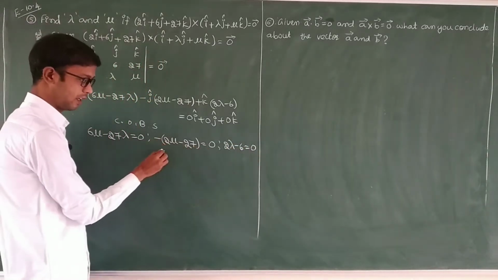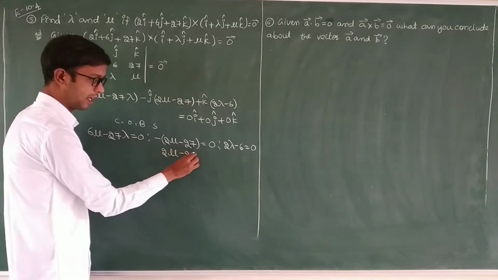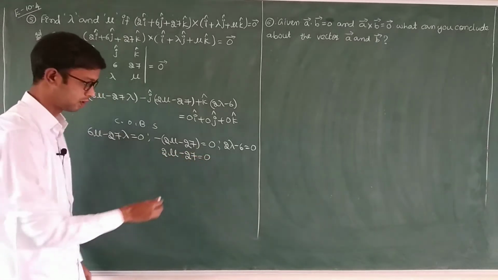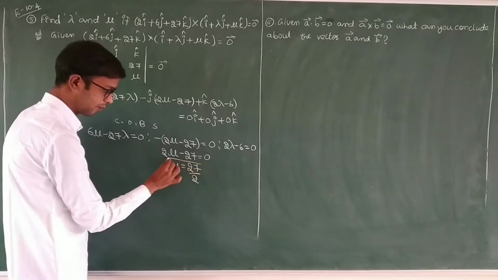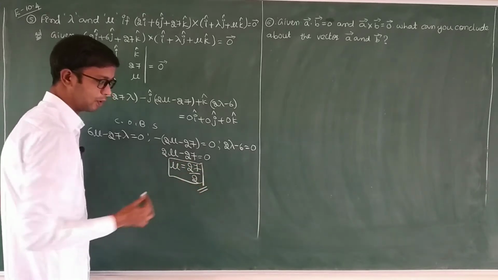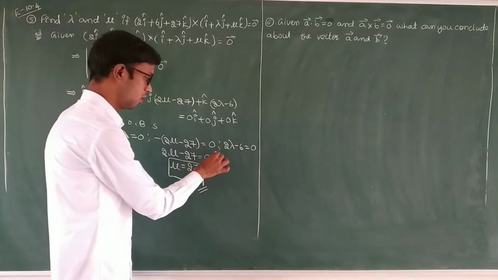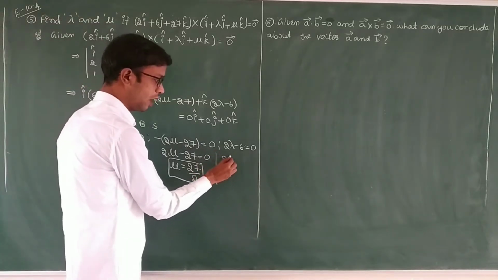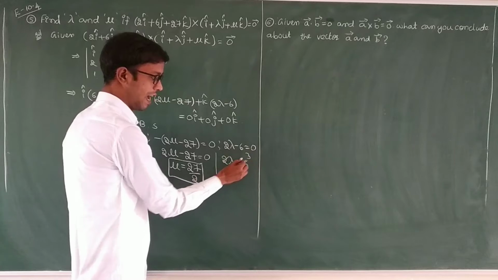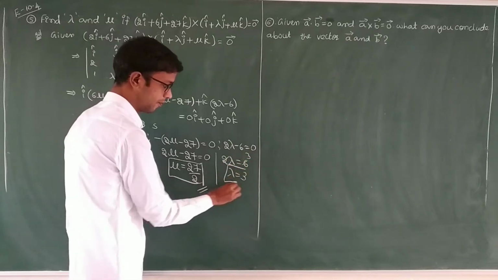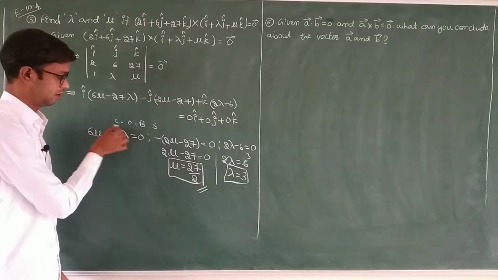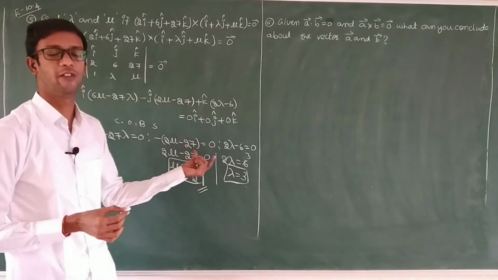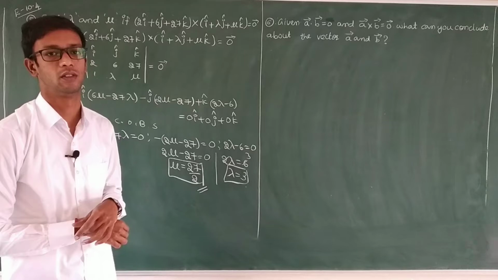So 2 mu minus 27 is equal to 0, mu is equal to 27 by 2. Another one is 2 lambda is equal to 6, lambda equal to 3. Otherwise, by substituting the mu value we would also get it, but no need to take that one. This is a simple way we can find the lambda and mu values.